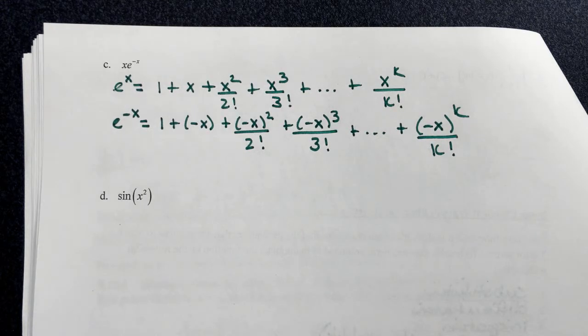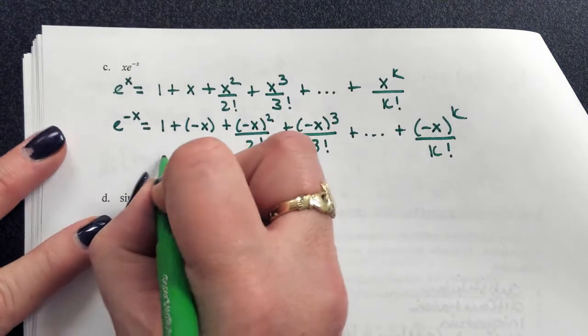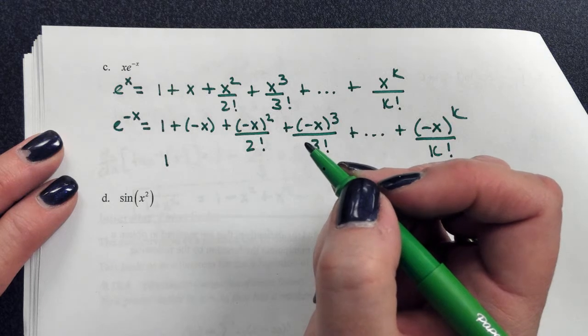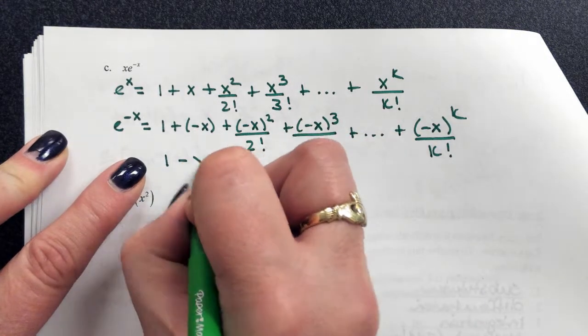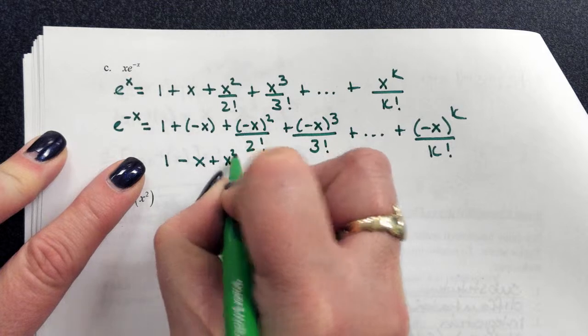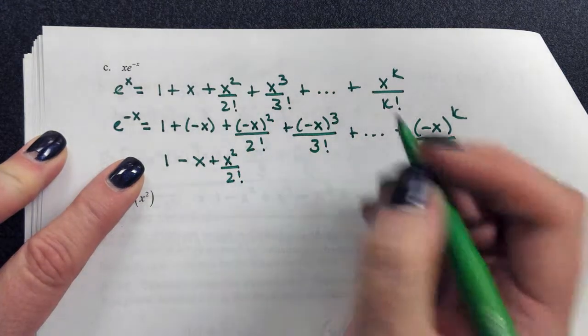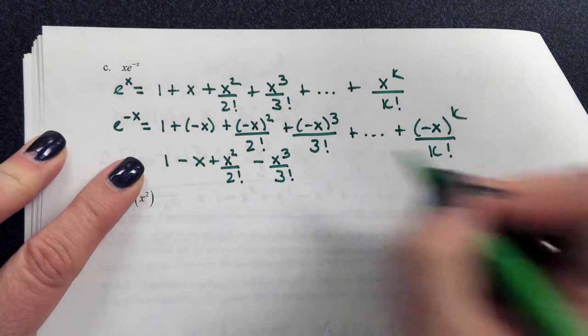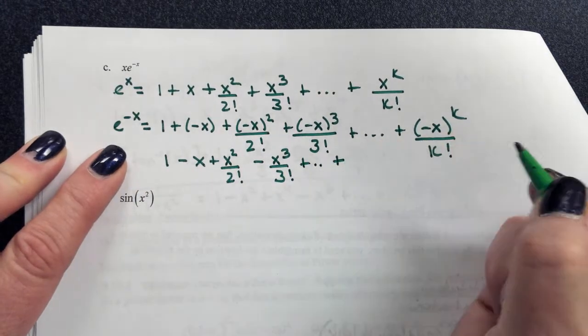So any questions on how I found the Maclaurin for e to the negative x? Now what's another way to write that general term? Notice what's going to happen with e to the negative x. By me replacing x with a negative x, this is going to become alternating, is it not? So I'm going to have 1 minus x plus x squared over 2 factorial minus x to the third over 3 factorial plus dot dot dot plus.